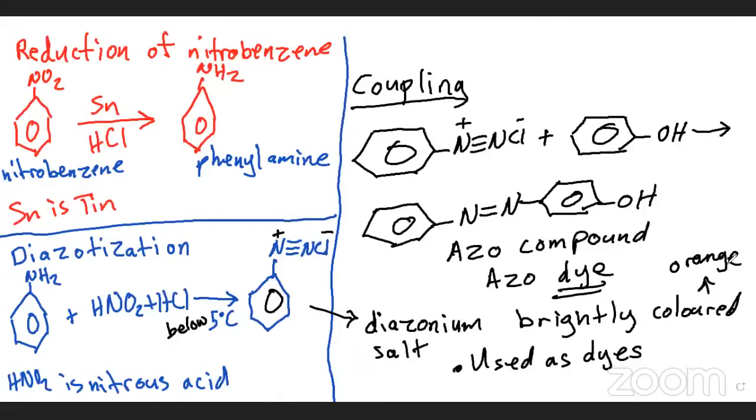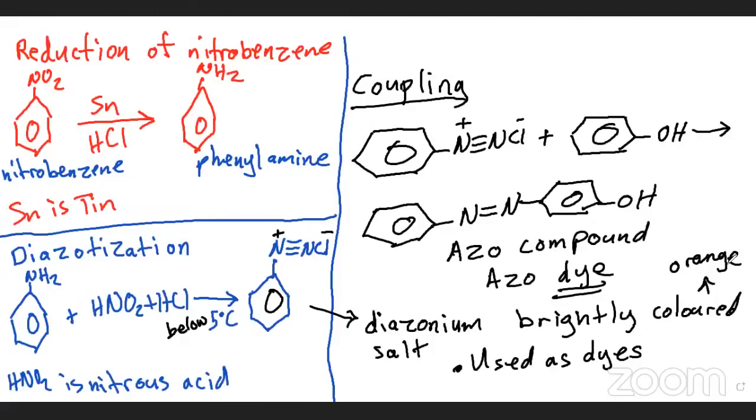And we looked at the reaction of phenol with bromine. You get 2,4,6-tribromophenol. We said that compound is a white precipitate, has an antiseptic smell, and it decolorizes bromine.